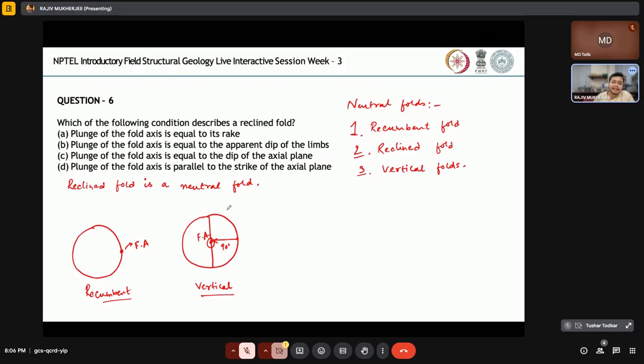So from this we get a definition of a neutral fold: plunge of the fold axis is equal to the dip of the axial plane. That is how a neutral fold is defined. If the plunge of the fold axis becomes equal to the dip of the axial plane, then it is a neutral fold.